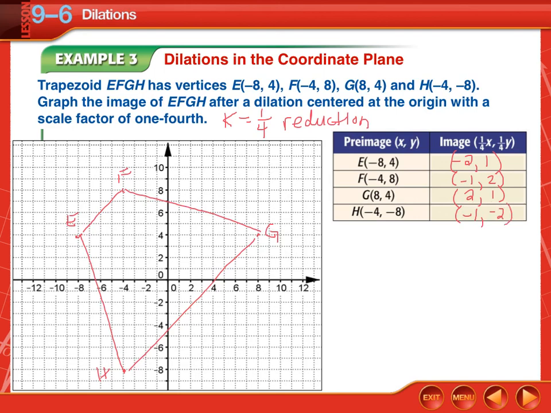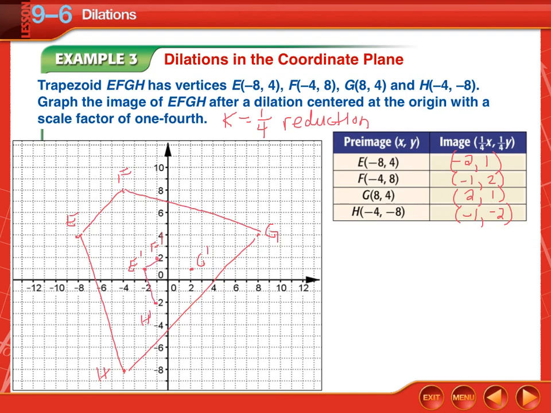So negative 2, 1 would correspond to E, so we would label that as E prime. Negative 1, positive 2 would be F prime. And 2, 1 would be G prime. And finally, negative 1, negative 2 here would be H prime.